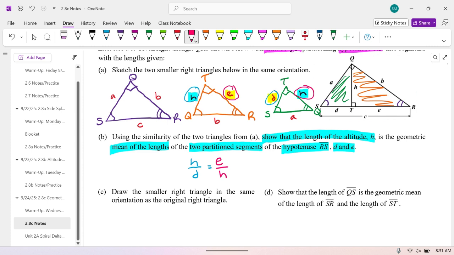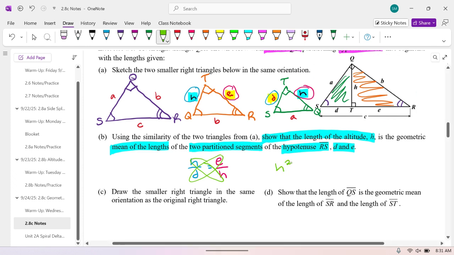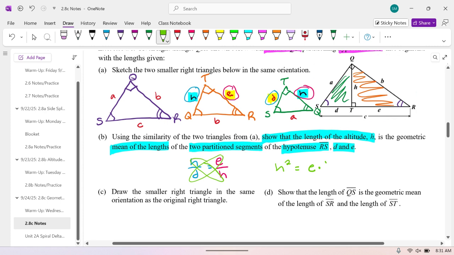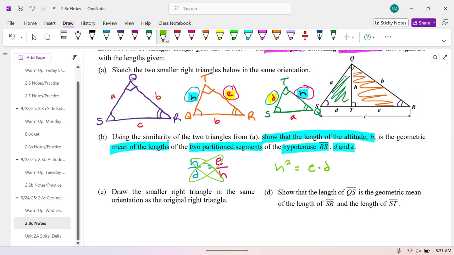Now, we're just going to cross multiply this, okay? So if we cross multiplied, what's H times H? H squared. What's E times D? ED. We'll just write it as E times D. So guys, this is a literal equation. We're not actually solving for anything.